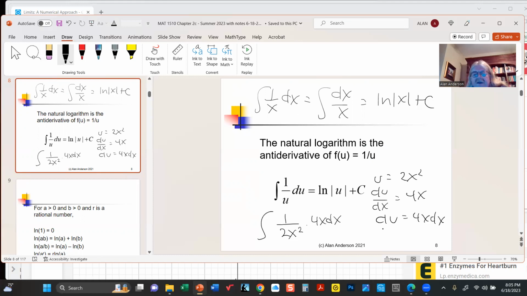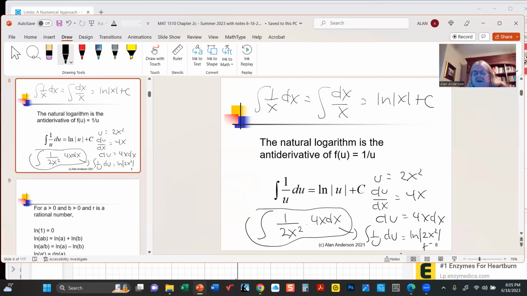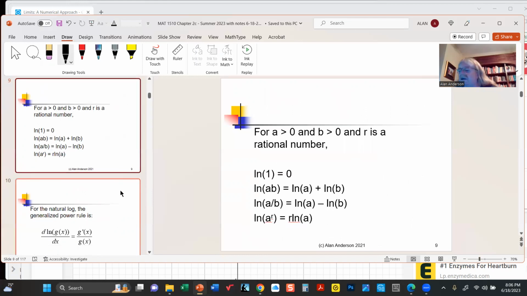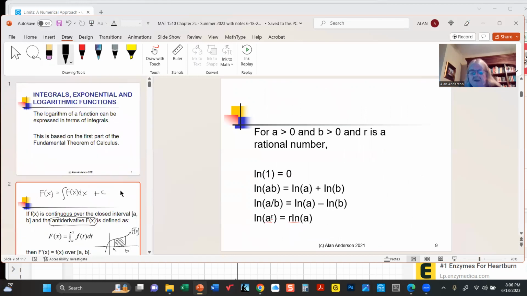So what you have here is actually 1 over u du. And that means your answer is going to be the natural log of the absolute value of 2x squared plus c. So u can be literally any function of x. As long as you have that du there, you're all set. All right. So the next slide, we're just going to do some quick reviewing of the algebraic properties.